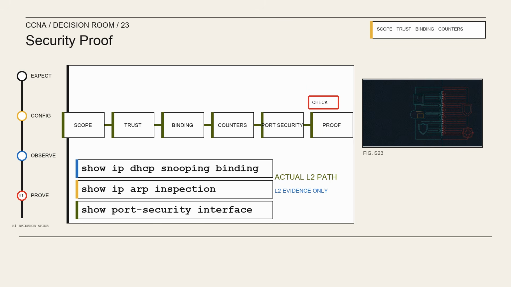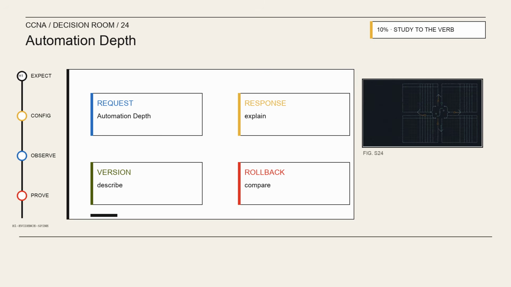Automation is 10% of V1.1, so do not ignore it, and do not turn it into a software engineering exam.